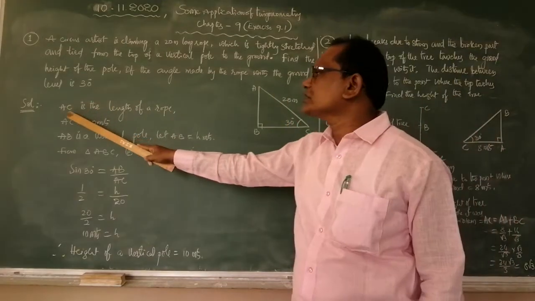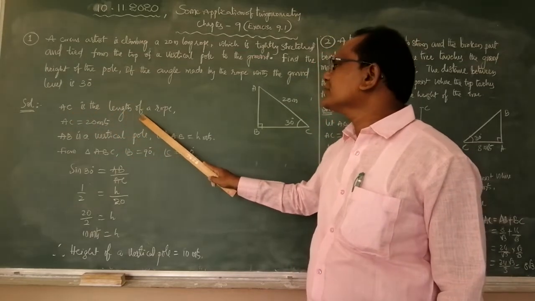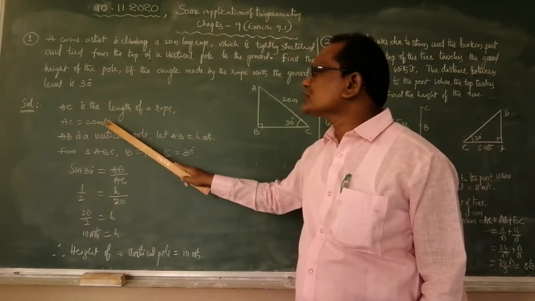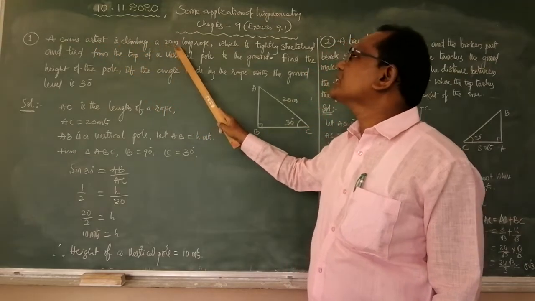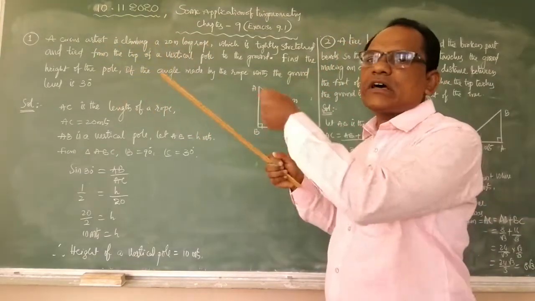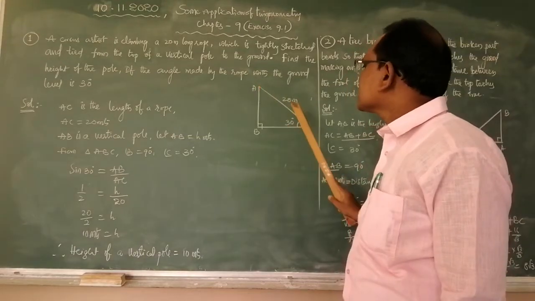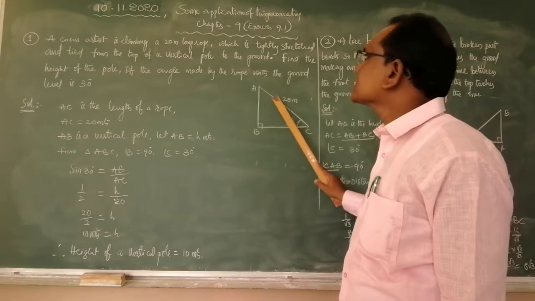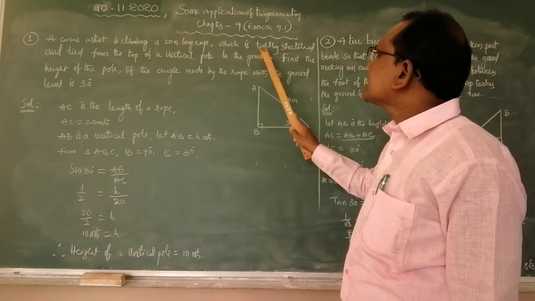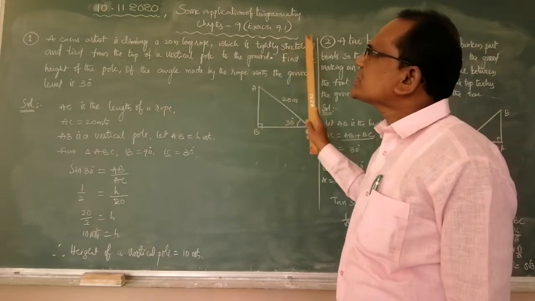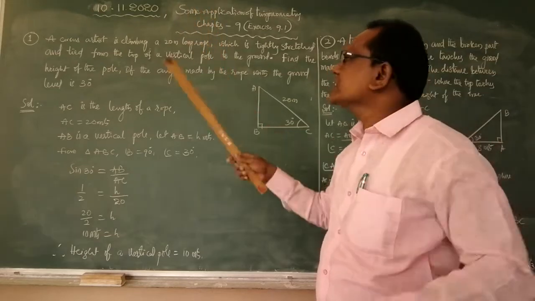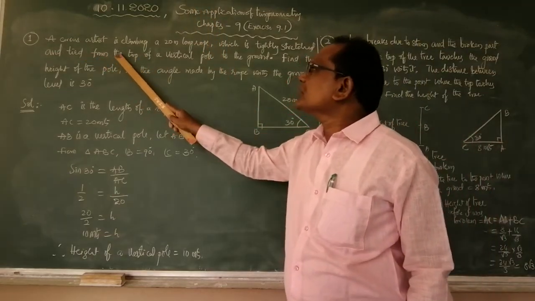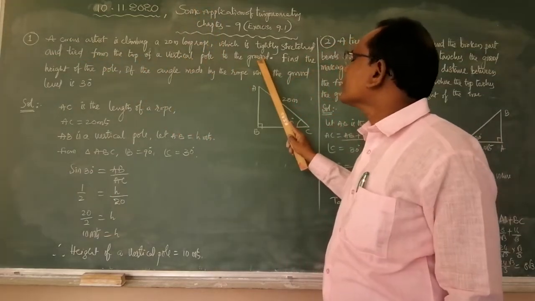That's why the solution is given here. AC is the length of the rope. Therefore AC equals 20 meters. That is, a circus artist is climbing a 20 meters long rope, which is tightly stretched and tied from the top of the vertical pole to the ground.